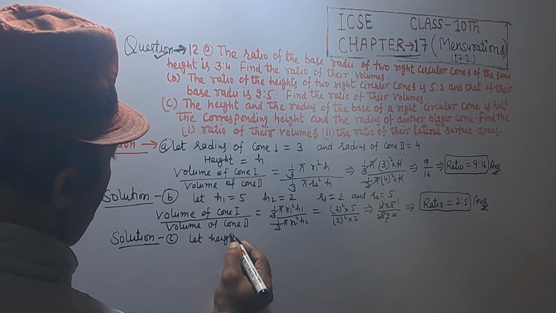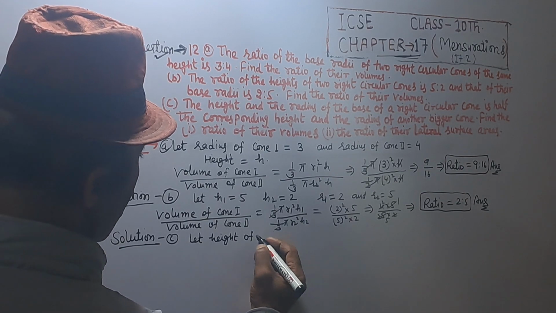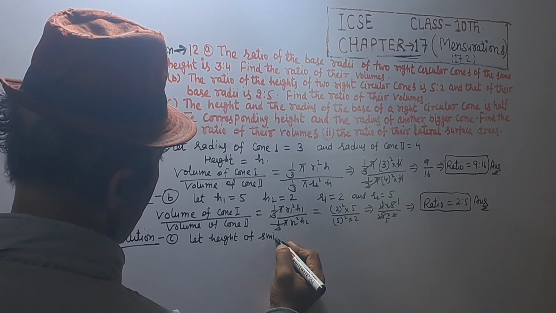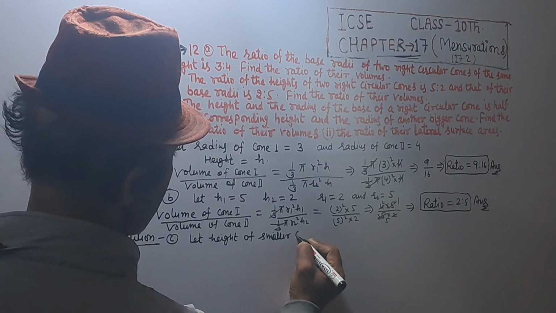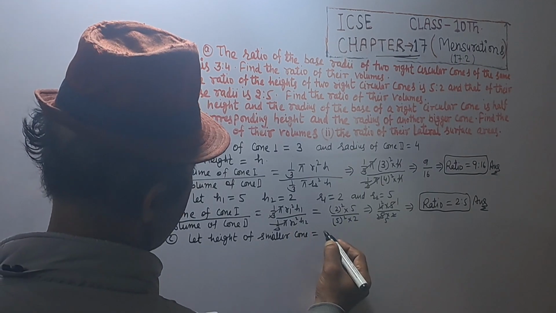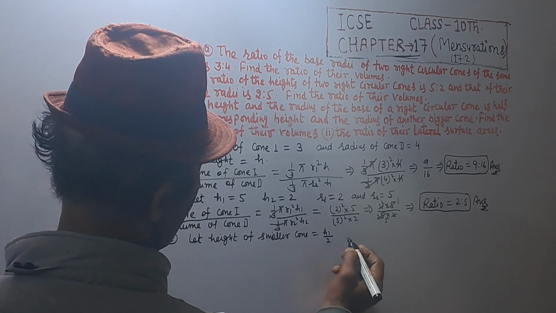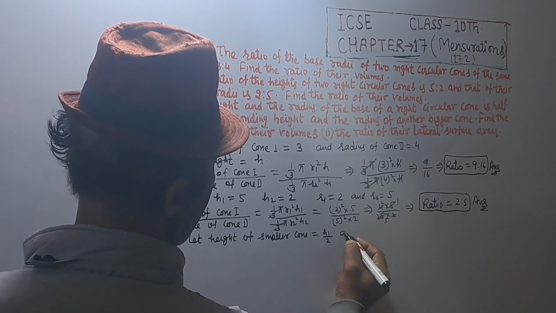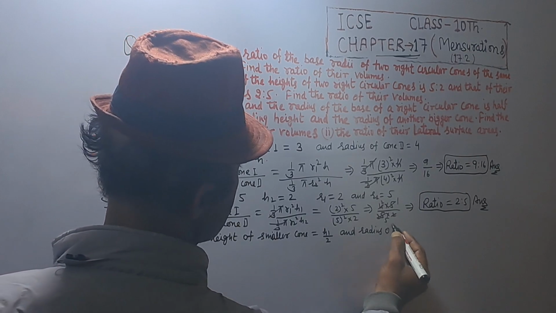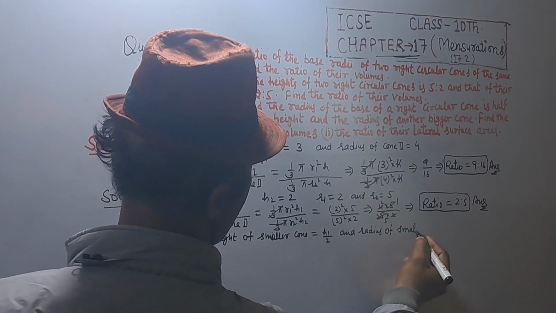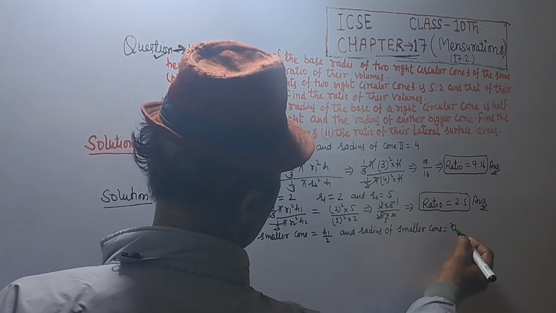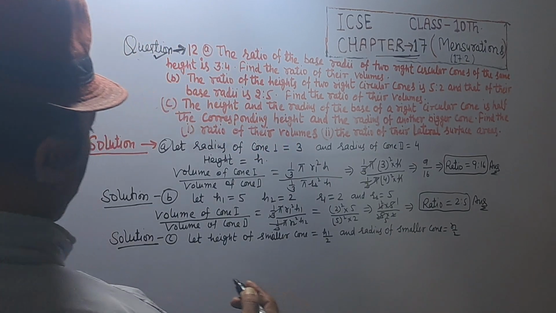Let height of smaller cone is equal to h1 upon 2, and radius of smaller cone equal to r1 upon 2, half half.